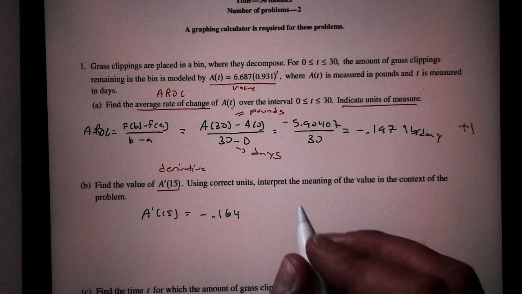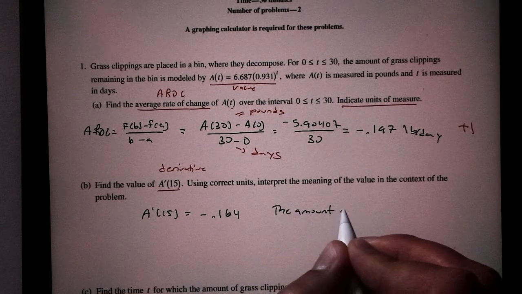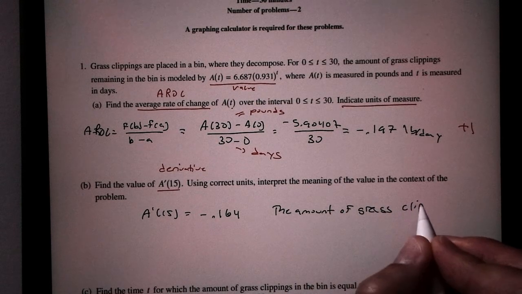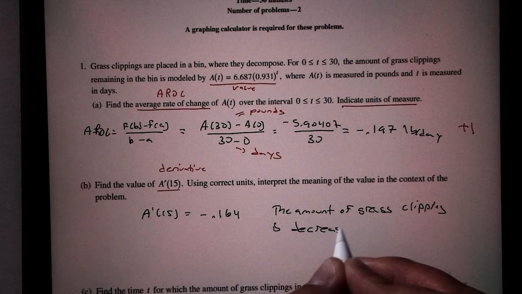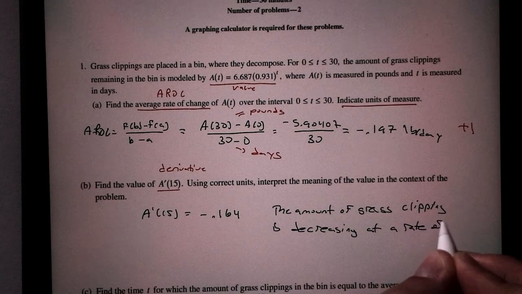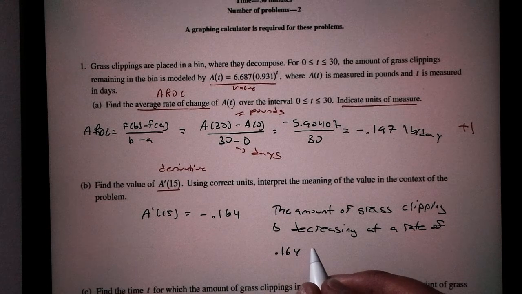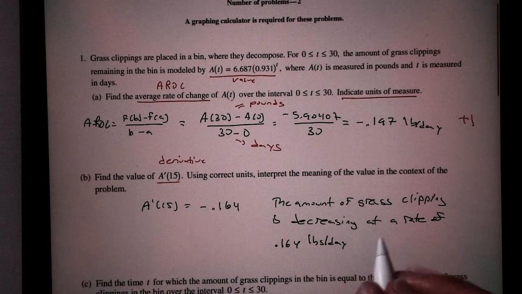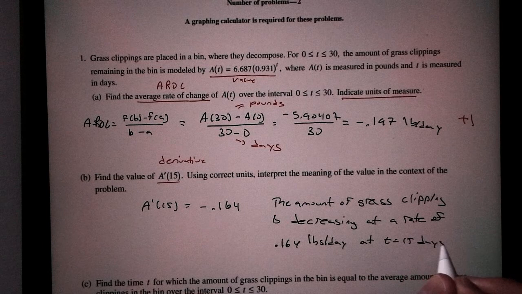So a good way to write this, we could say the amount of grass clippings is decreasing at a rate of 0.164, keep your units here, pounds per day at t equals 15 days.